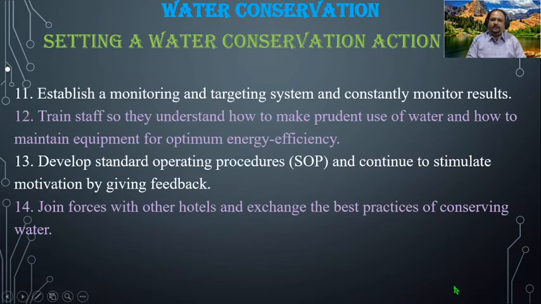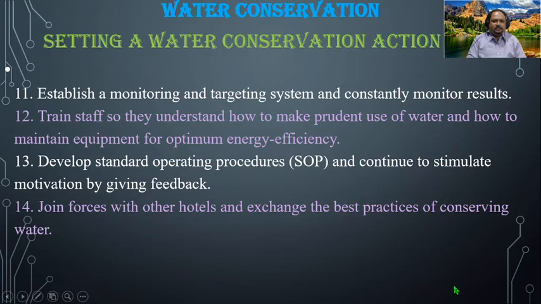Number 11, establish a monitoring and targeting system and constantly monitor results. Train staff so they understand how to make prudent use of water and how to maintain equipment for optimum efficiency.